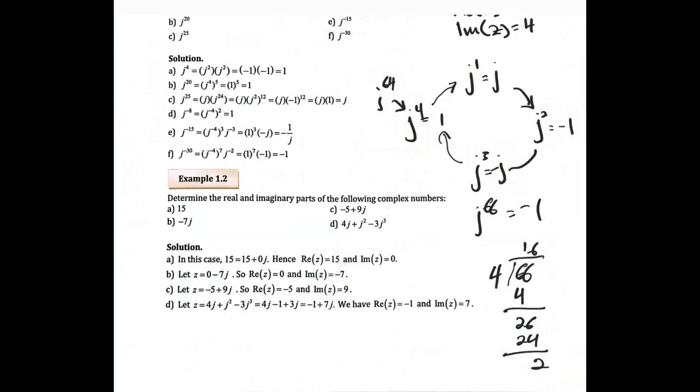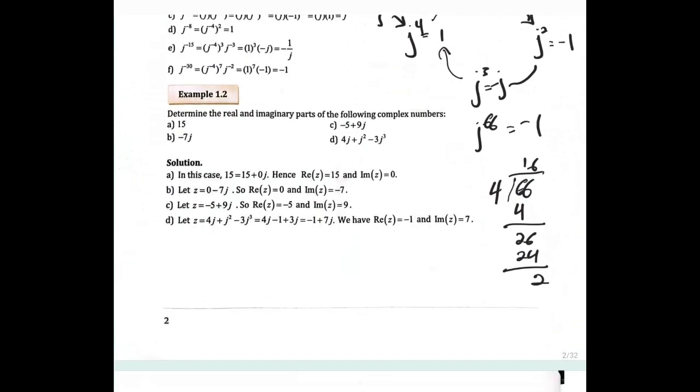Now let's identify the real and imaginary parts. Let's look at example 1.2. For A, 15, if you want to write it in the standard form, we can write it as 15 plus 0j.